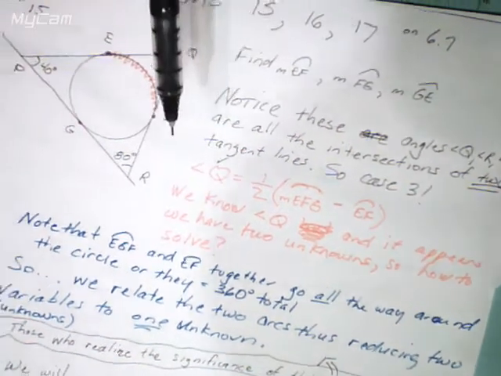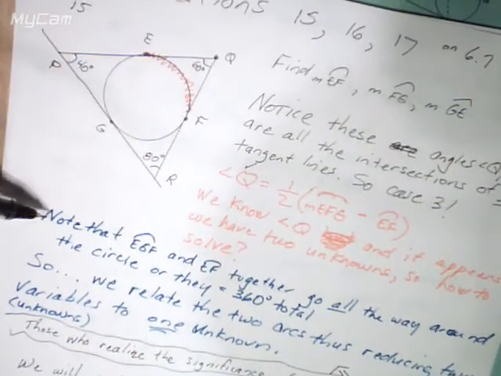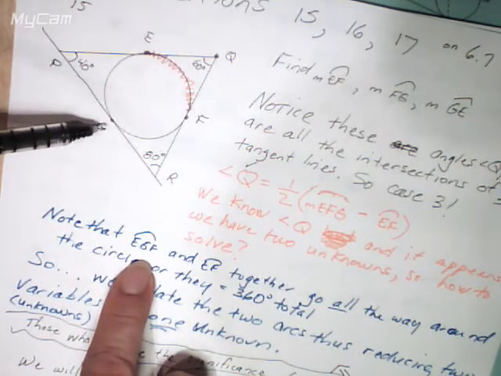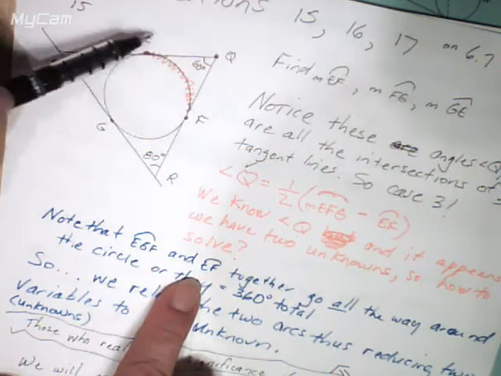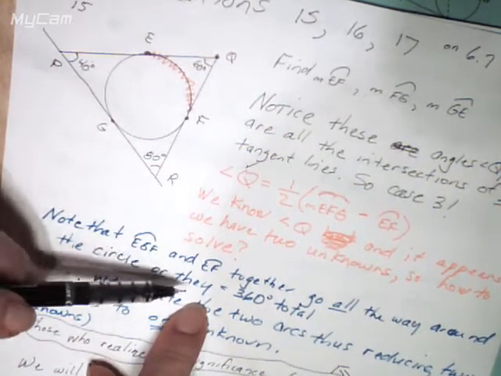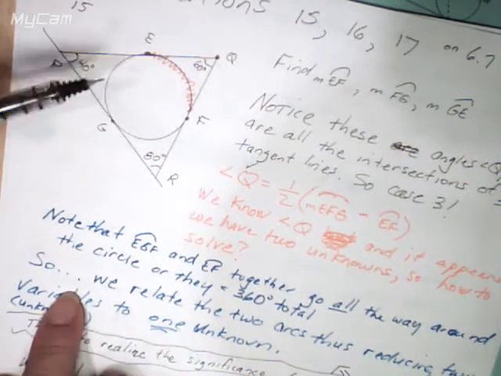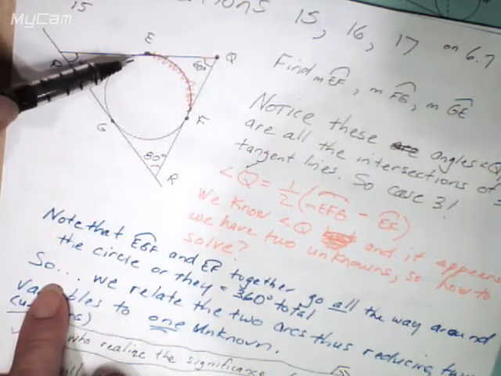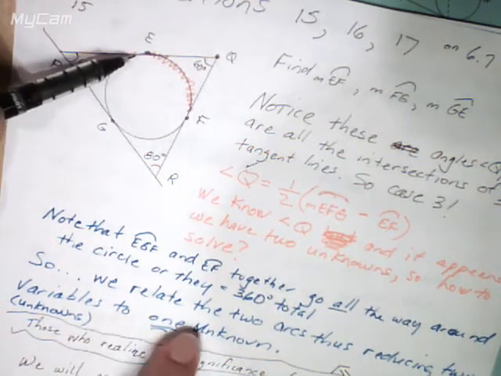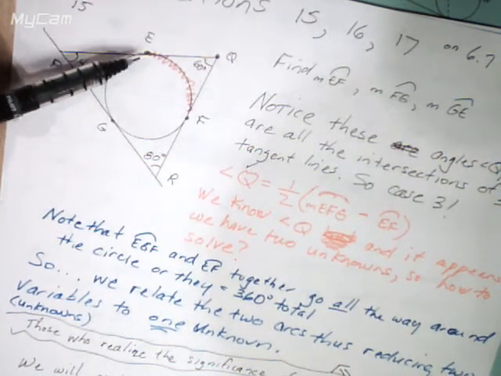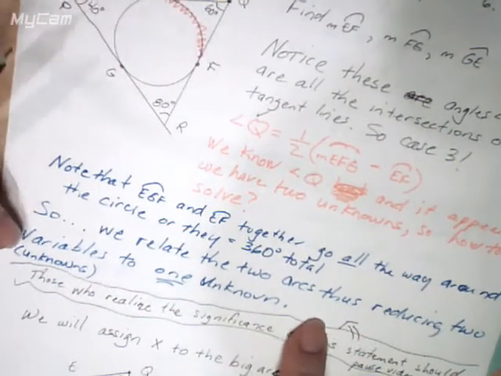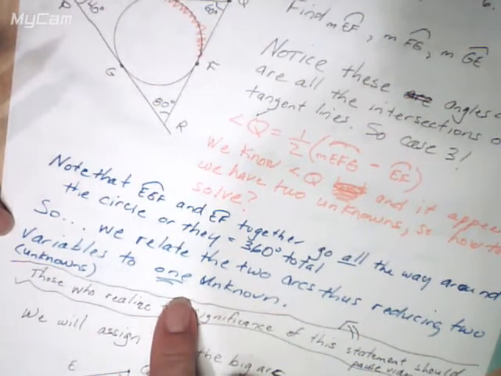All right, so let's think about this. We notice that arc EGF and EF together, total, go all the way around the circle. Or in other words, they total 360. So we have to relate the arcs to each other. In doing that, we will be reducing two unknown variables to one unknown.